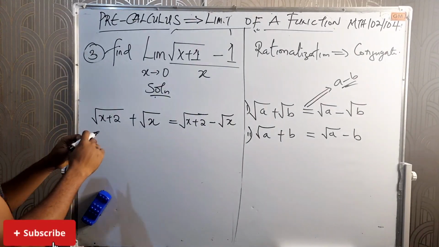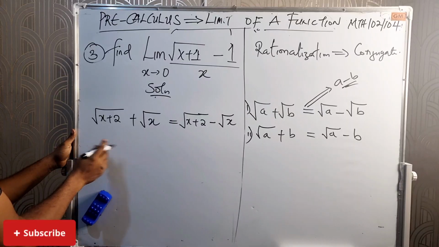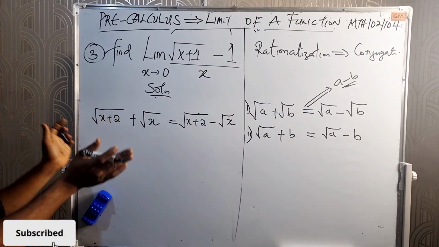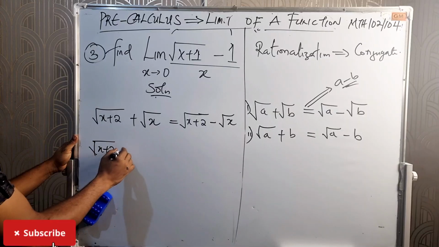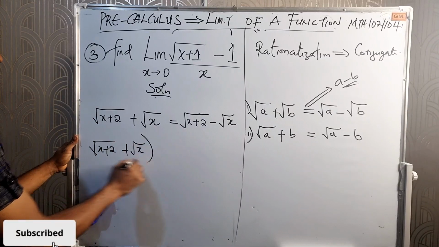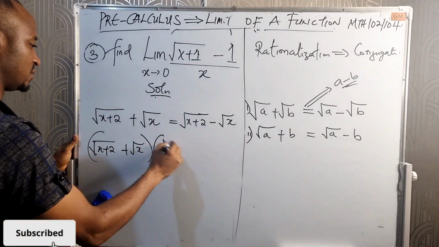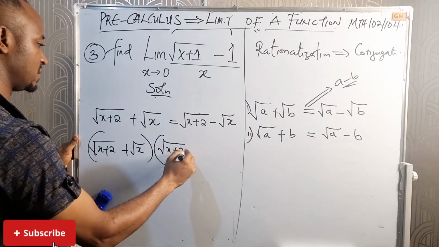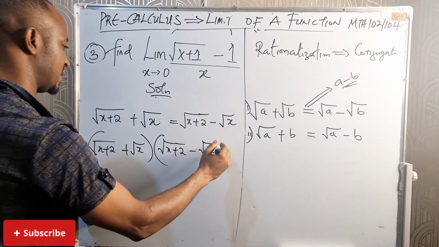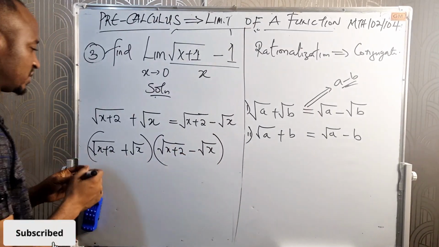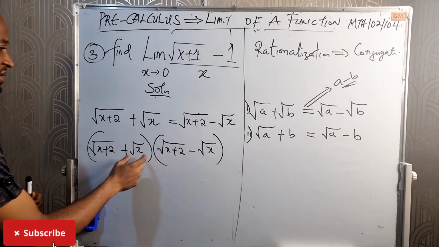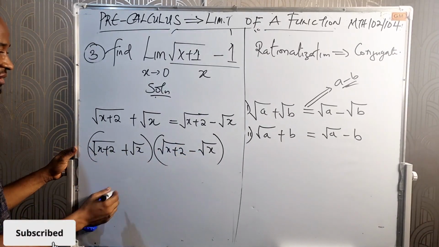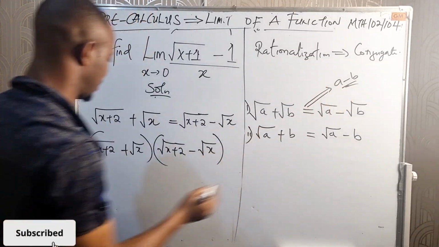Instead of going through this process, I will just say the product of their conjugate will now be what? Root x plus 2 plus root x, times root x plus 2 minus what? Root x. So instead of going through this process of saying this times this, this times this, I will just mention that the rule here says A minus B, right?